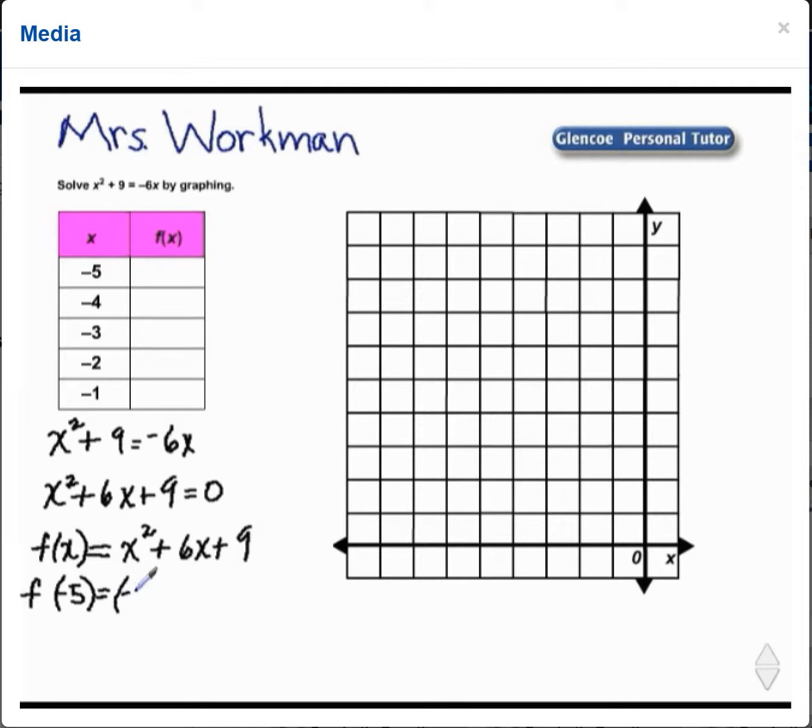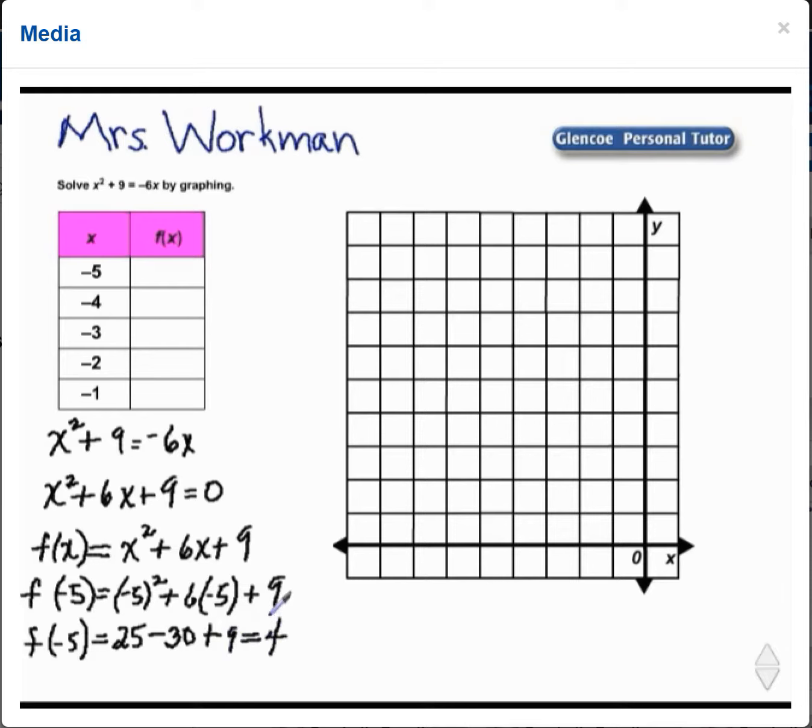So we'll go back into the expression x squared plus 6x plus 9. And everywhere we see an x, we'll substitute in a negative 5. Doing a little bit of arithmetic, that's 25 minus 30 plus 9, or 4.